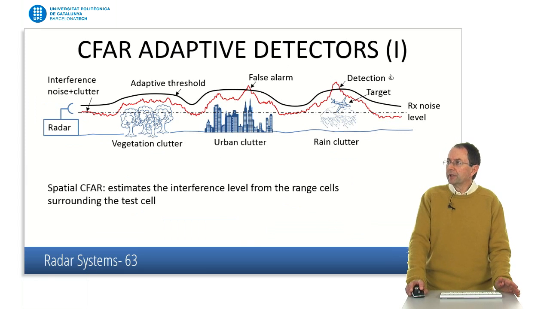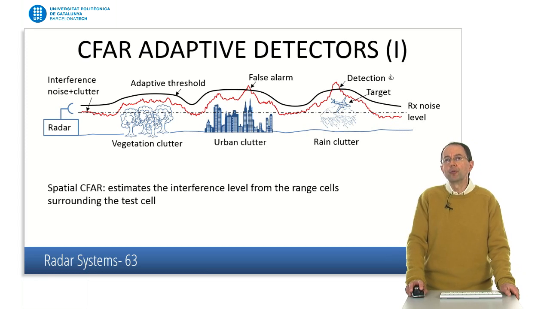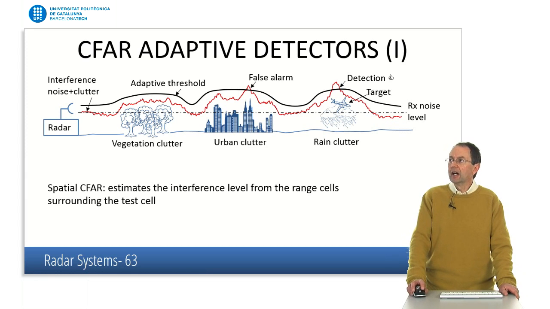Now, if we have to detect targets in a seriously clutter-affected region, which is typically the first 30-40 kilometers of a ground radar, for example, we have to be careful with the detection threshold because we could end up detecting mountains, buildings, and things like that instead of the targets of interest. So we have to modify our radar in order to cope with this interference. One of the things that can be done is to use an adaptive threshold in the detection process.